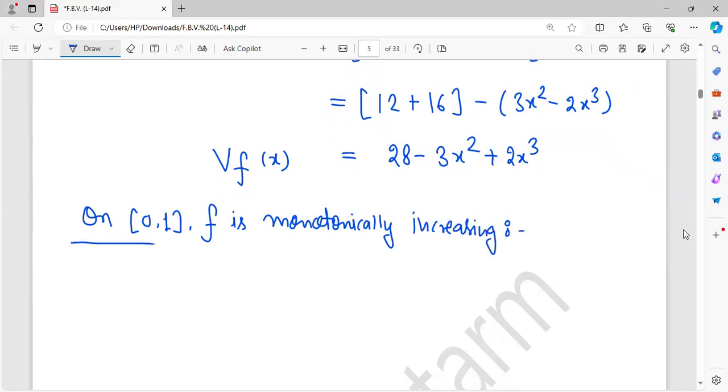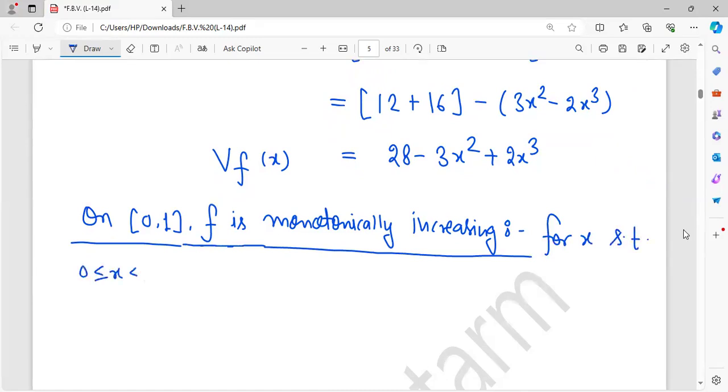For x in this range, Vf(x) is Vf from 0 to x.